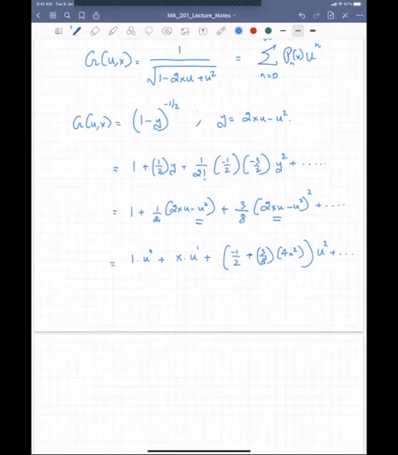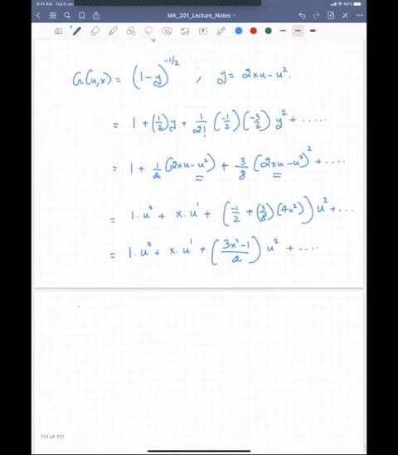Okay. So if you work this out, you will actually see that this is 1 times u to the 0 plus x times first power of u plus (3x squared minus 1), the whole thing divided by 2, times u square, and so on and so forth.